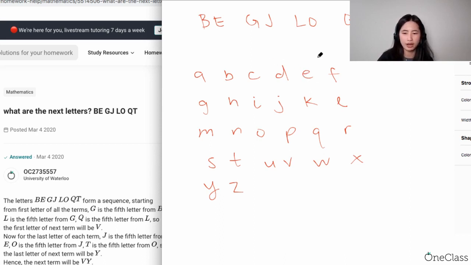So first, you have your alphabet laid out, and your pattern with you. If you have BE, first of all, you're starting at B. Let's use a different color, so I'm going to use green. Hopefully you can distinguish that from the red.